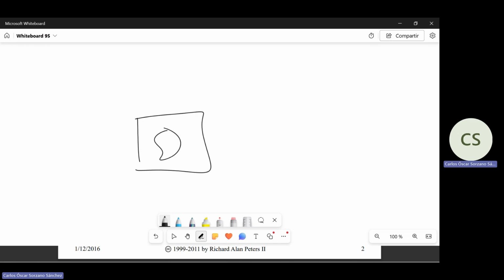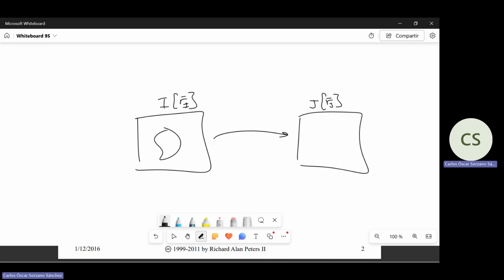Typically, we have said I for the input, and then we have J for the output. And this is Rj, this is Ri. And then you need a function that is the warping function, let's call it F, that transforms coordinates from I and gives you Rj.